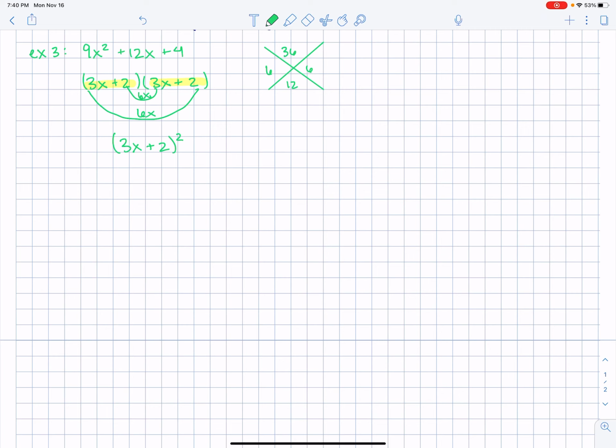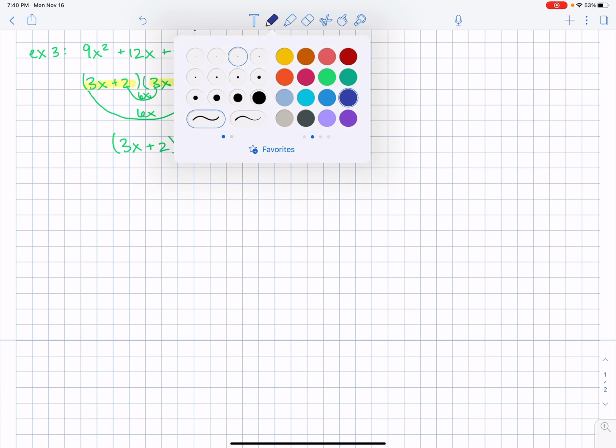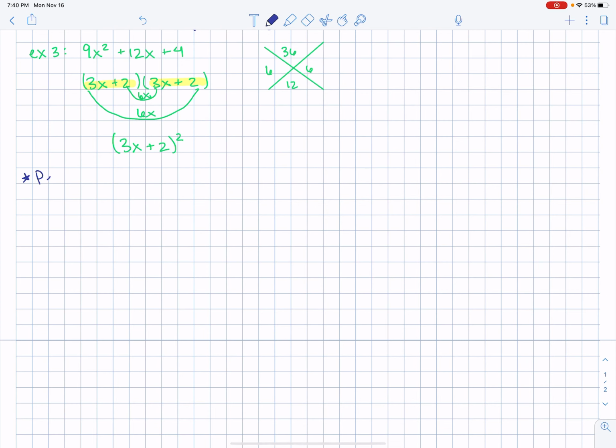And this actually right here becomes what we call a perfect square trinomial. Wish I had a special name for this. We just call it a PST. Perfect square trinomial. And perfect square trinomials are so special because they have a square to begin with, plus double your first term times your last term, plus a square to end with.